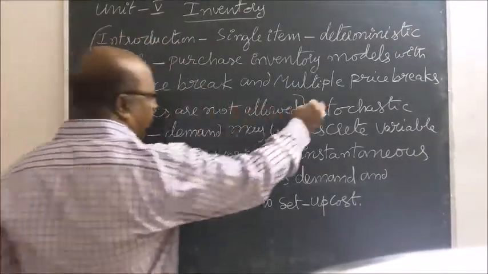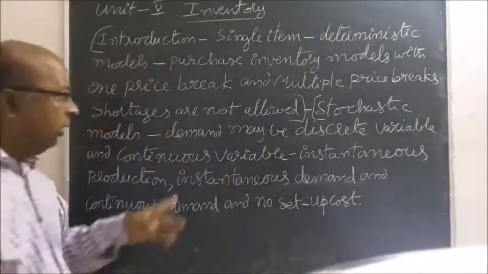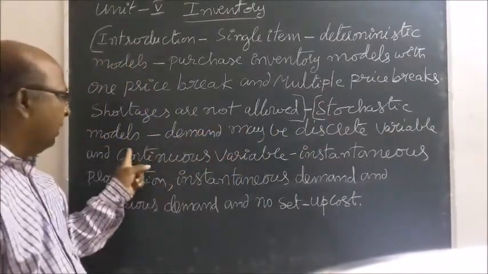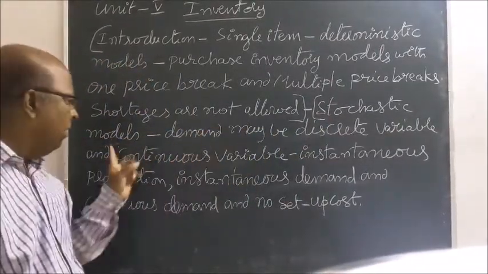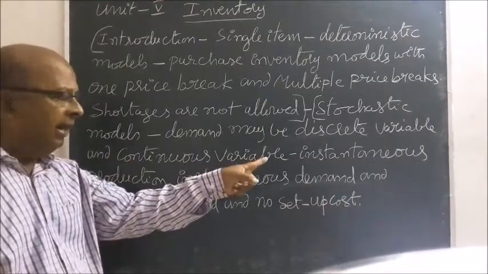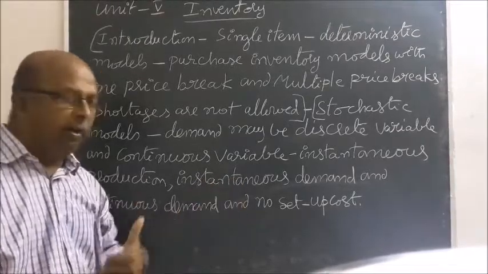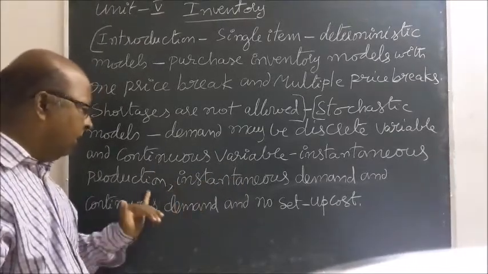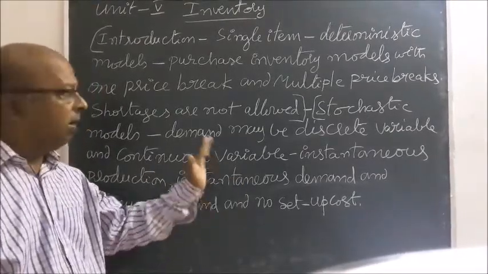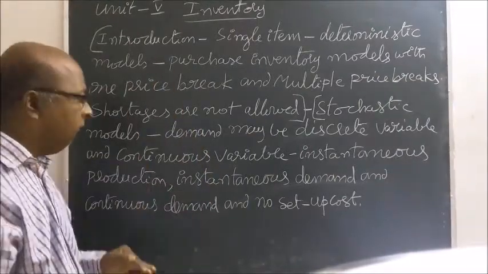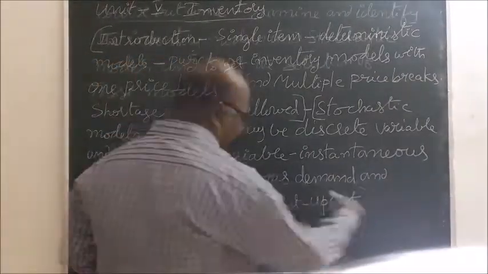Stochastic models, where demand may be a discrete variable or continuous variable. Instantaneous means infinite: instantaneous production, instantaneous demand, and continuous demand, and no setup cost. This is the syllabus for inventory.